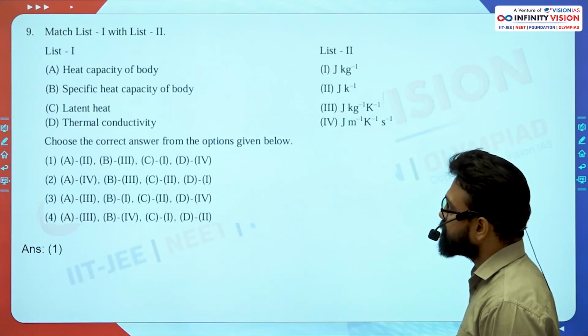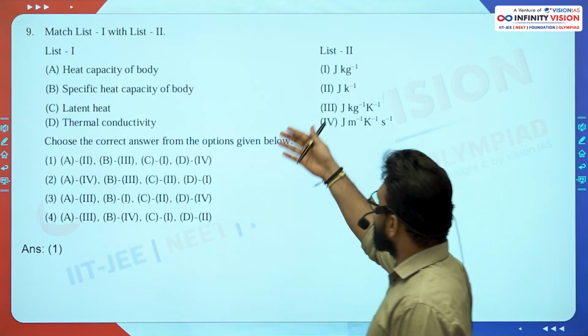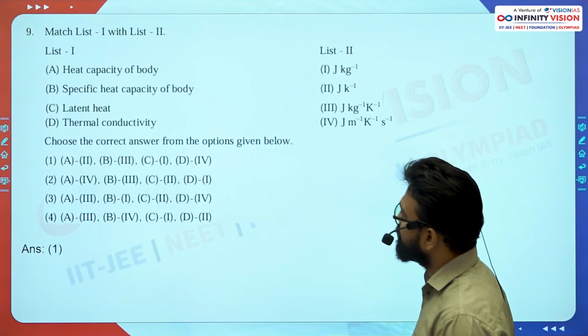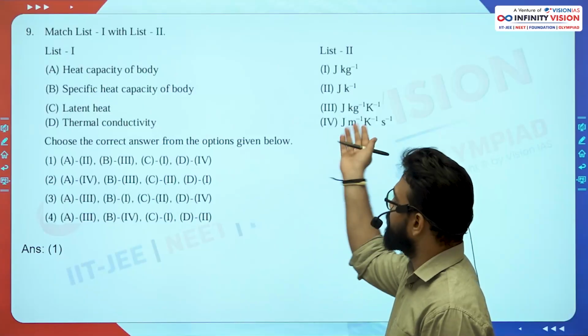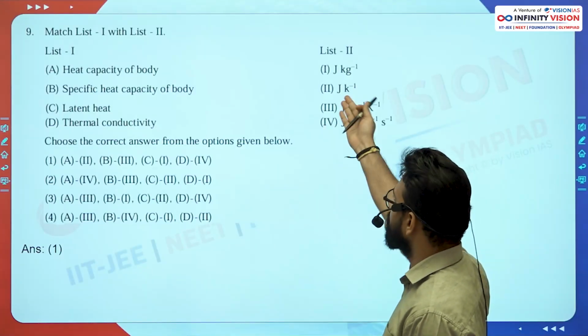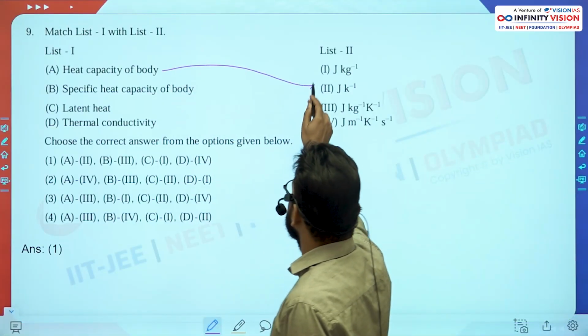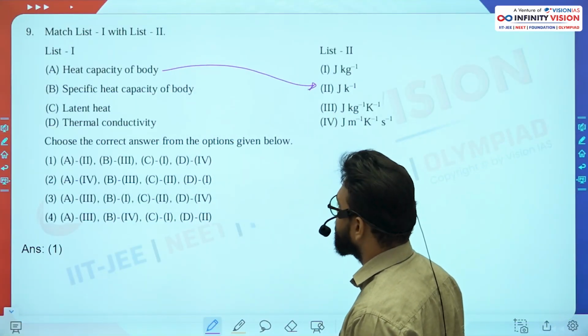Next, you have to match the quantities in list 1 to list 2. Heat capacity has the unit, we already know, joule per Kelvin. So A would be second.